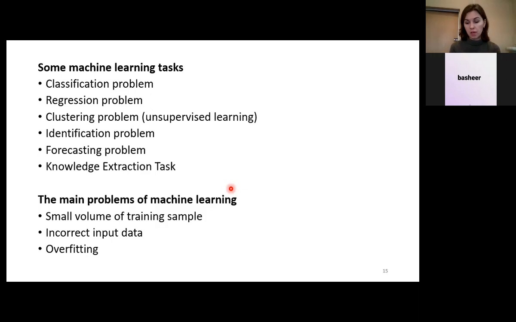But machine learning is about learning, to find the efficiency of the algorithm to solve these tasks: to classify, to find the regression model, to cluster your data in some parts.